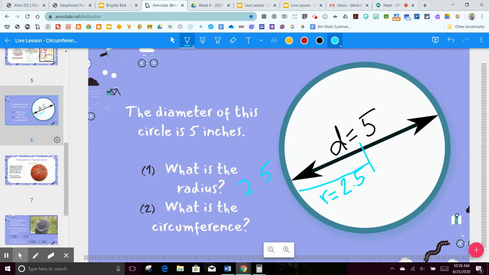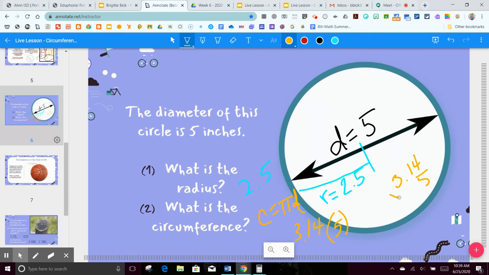What is the circumference? Well, we're going to use our formula. C equals pi times diameter. They gave us the diameter, and for the purpose of the unit, we are going to use 3.14 as pi. So we need to multiply 3.14 times 5.